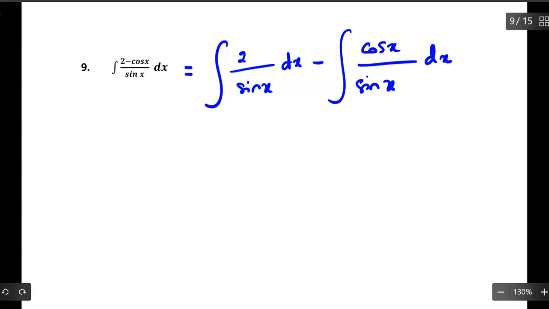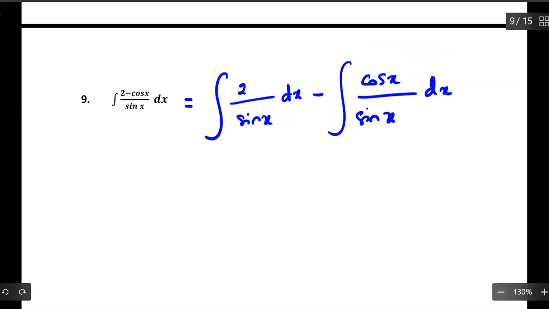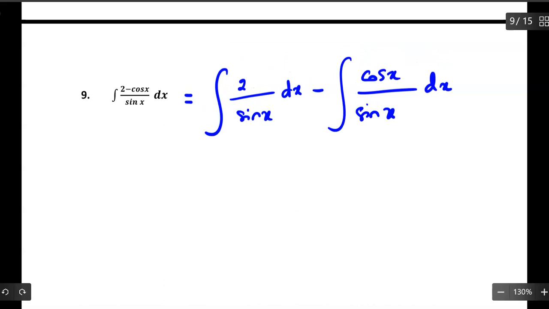So you break this into, basically, the integral of 2 over sine of x subtract cos x over sine of x. Alright. You break this into two fractions first because you have the same denominators, right? And then you break that into two integrals.